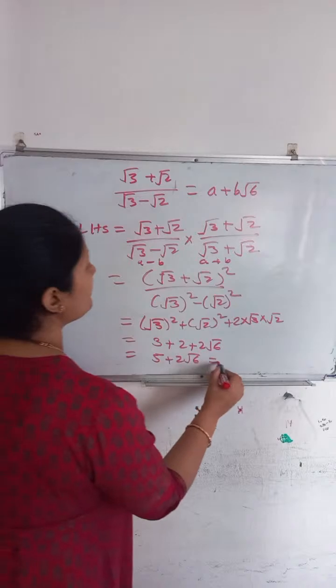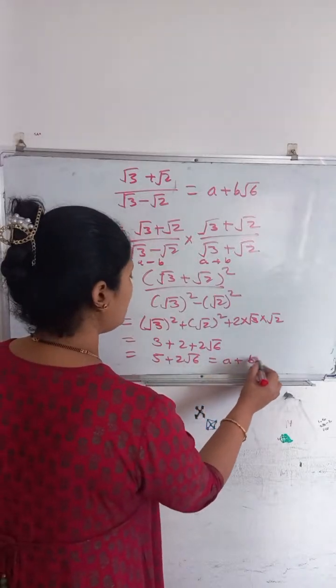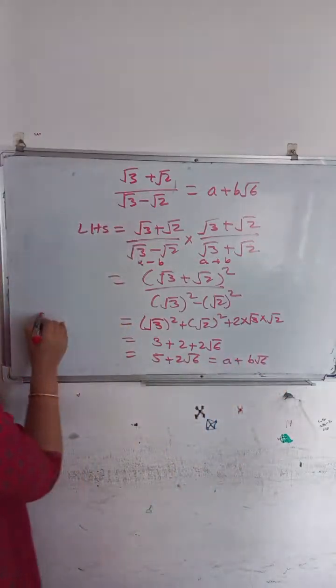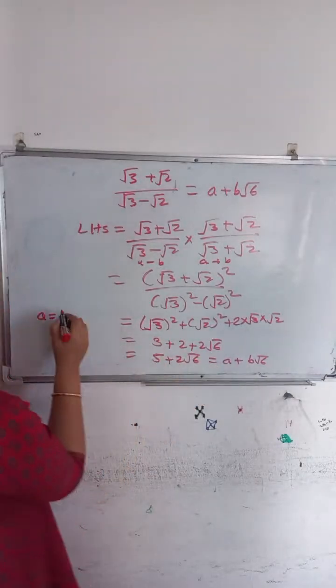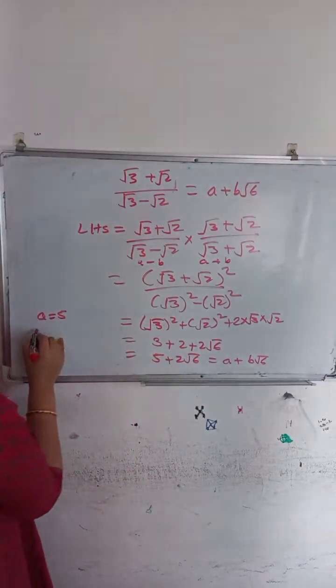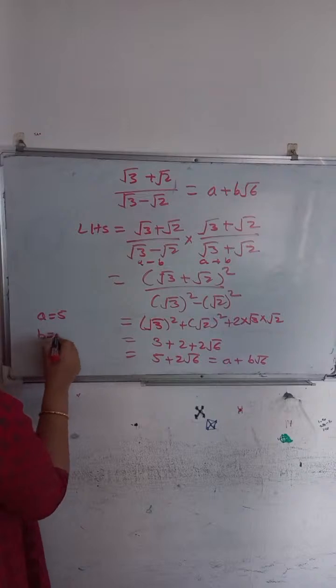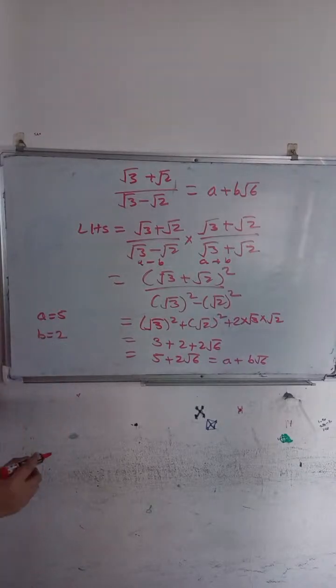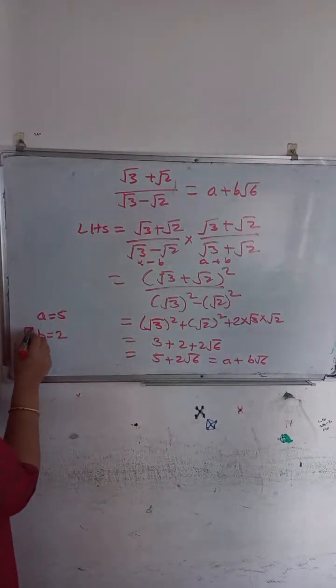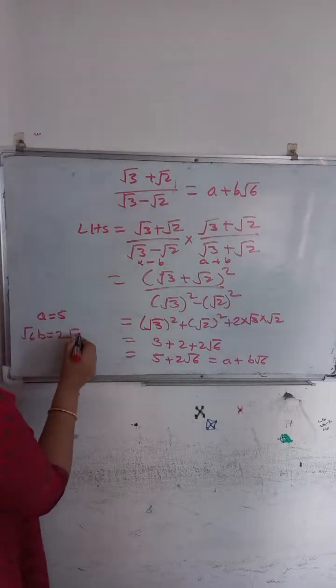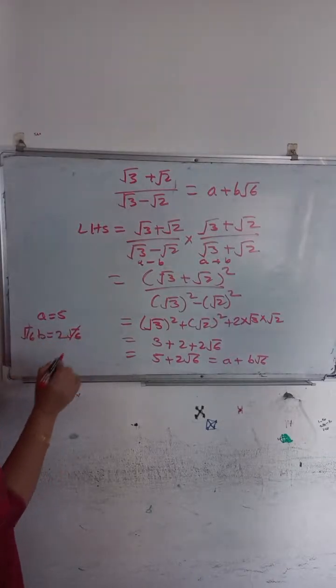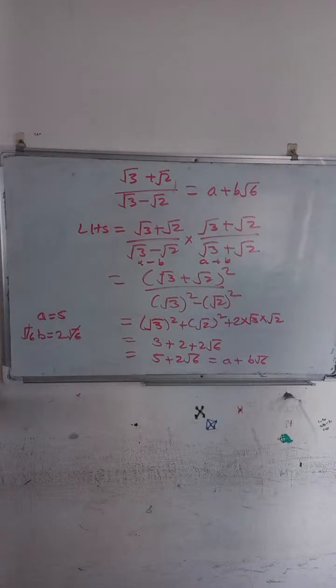That is compared with a + b√6. After comparing, a is 5 and b is 2. Are you getting this?